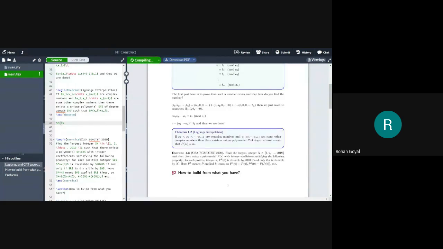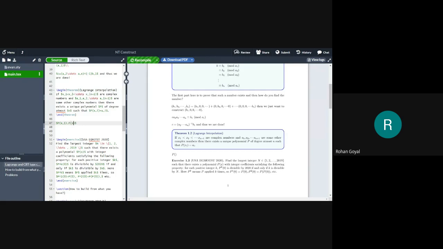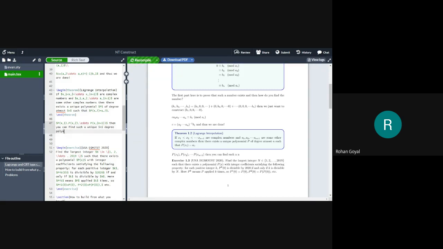If you want p of x1, p of x2, dots, p of xn plus 1, where x1, x2, xn plus 1 are some fixed constants, then you can find such an n degree polynomial. It's a unique polynomial of at most degree n, in fact.